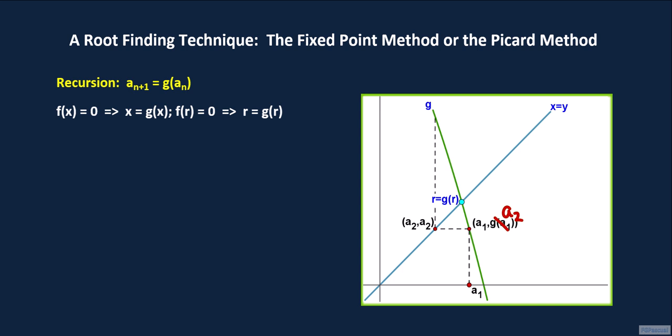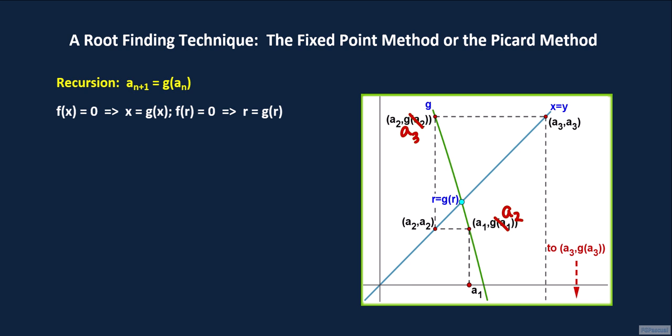Then we proceed vertically to the graph of g to find g(a_2). g(a_2) is a_3. From this point, we proceed horizontally to the next point a_3, and so on, alternating the vertical with the horizontal directions.